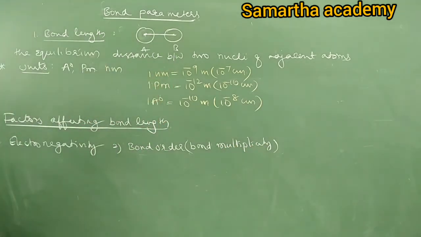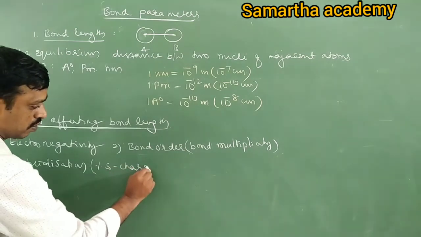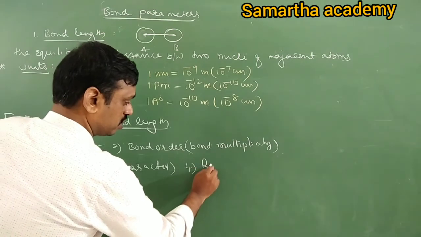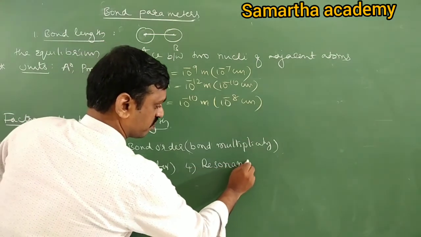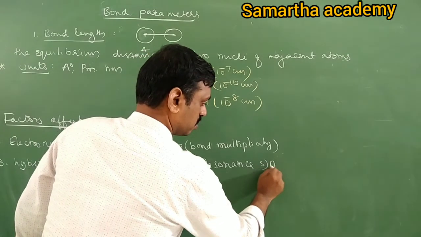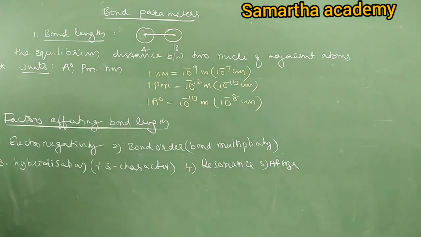Third factor is hybridization, in brackets the percentage of s character. Fourth factor is resonance, and fifth factor is atomic size. So these are the 5 factors that affect the bond length.